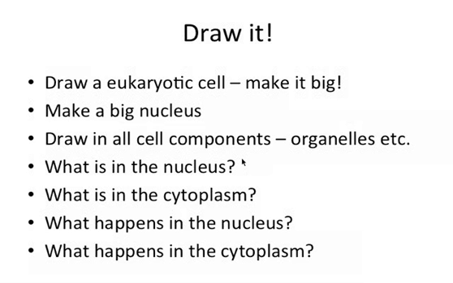So what's the main thing that happens in the nucleus? Transcription. What else happens in the nucleus? Replication. DNA replication, right? I'd say those are your major jobs. Did I leave anything out? So those are the things that we're going to mostly focus on.